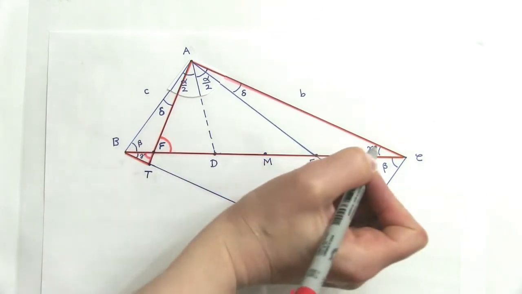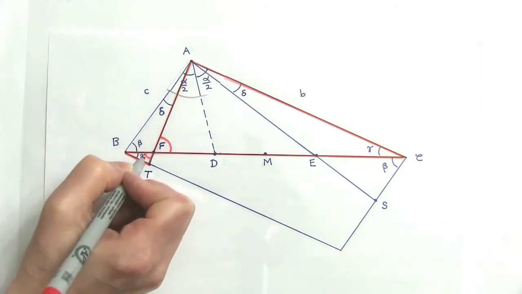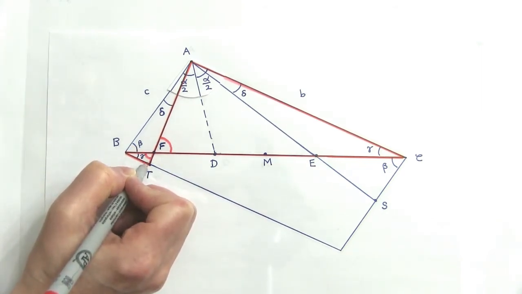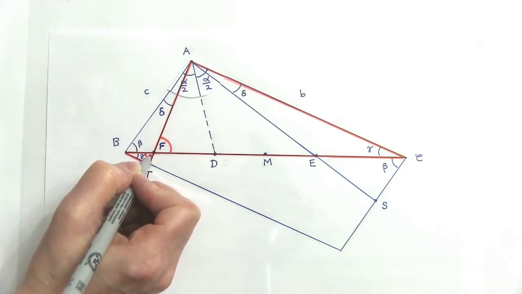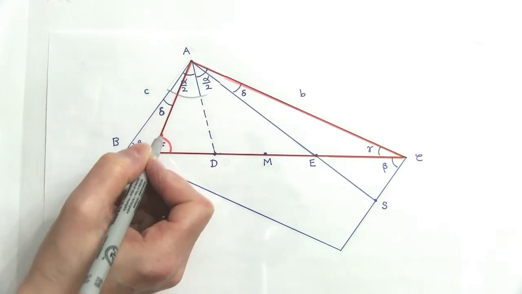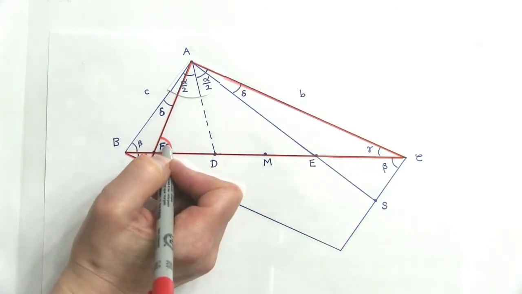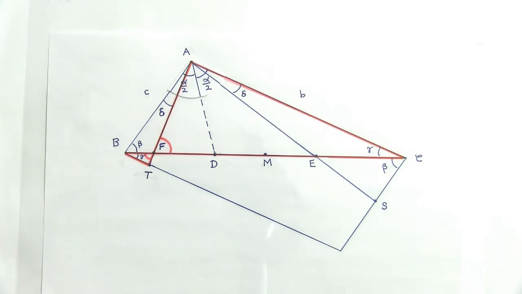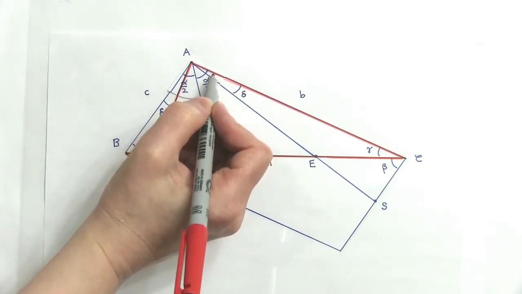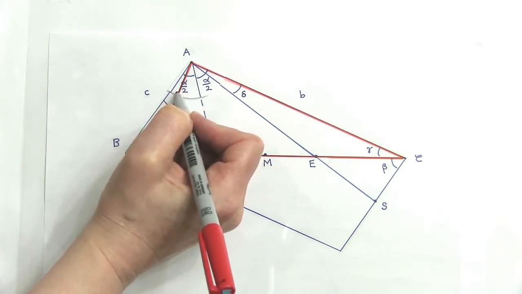We have gamma, and this angle here, and then the remaining angle, which must be 180 minus gamma minus this angle for each of these triangles. So this angle here is 180 minus gamma minus this angle, which, by the way, we don't need to know that, but I notice that this is alpha minus this small bit delta right here.